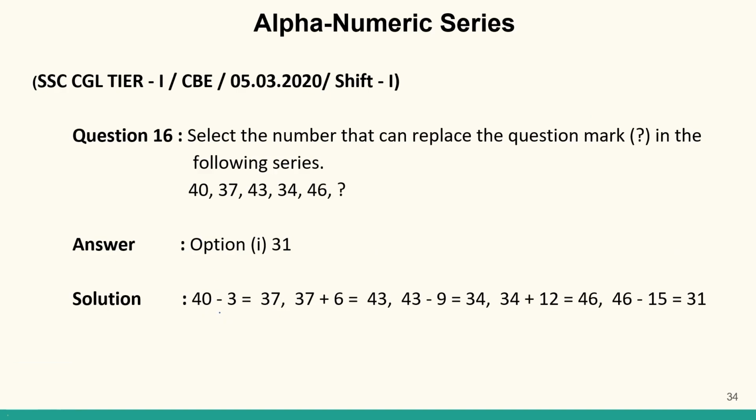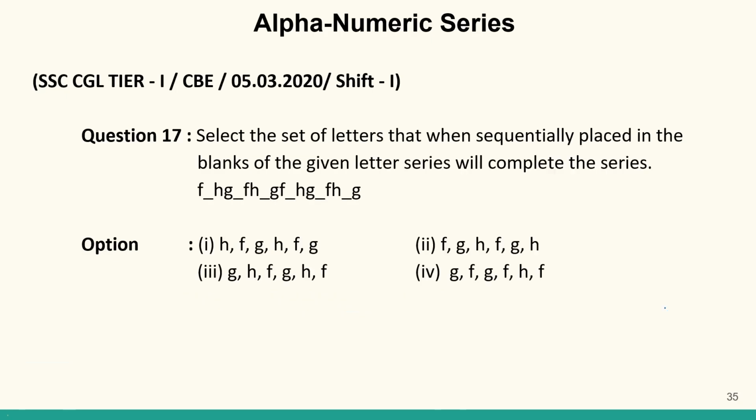Here you can see this is the solution: subtracting 3, adding 6, subtracting 9, adding 12, and then subtracting 15. Okay. Now again, I told you that whenever we see series like this, we have to try to break them into parts. Now, if I break them at 3 positions, because the blank is at every second position, we'll get something like this, right?